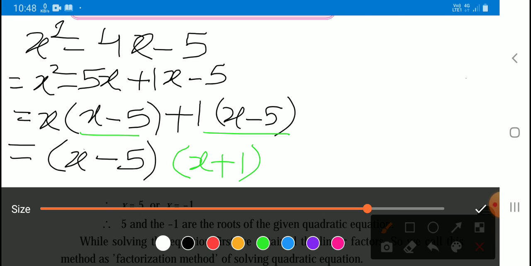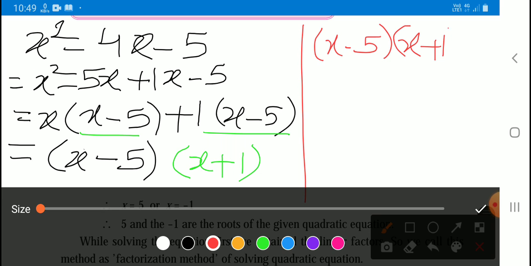Now in your book they said you have to solve this quadratic equation by the factorization method, so one more step we have to do here. They will give you is equal to 0. So these factors, x minus 5 into x plus 1, is equal to 0.